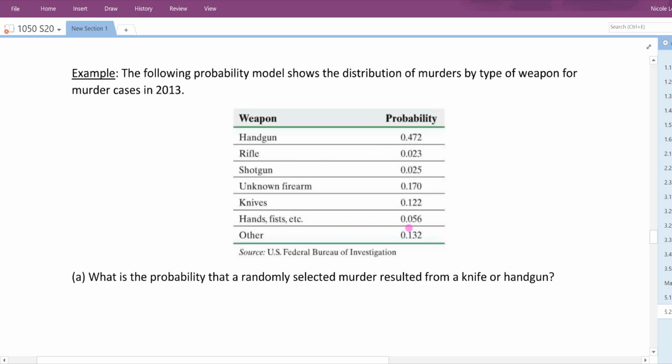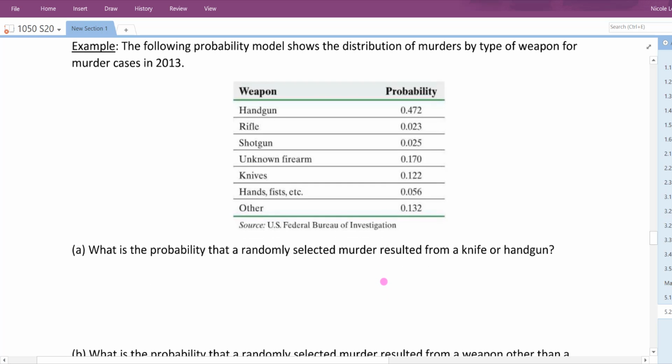For part A, it says what is the probability that a randomly selected murder resulted from a knife or a handgun? Remember we saw this rule before. Whenever you see the keyword or, that's going to tell you to add. So what we have to add together here are two events, knife and handgun.